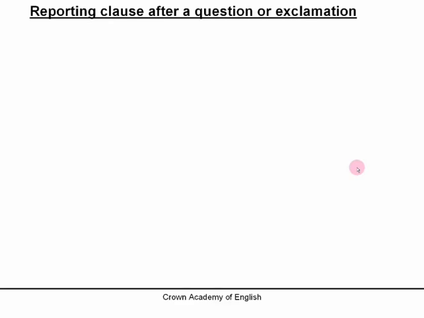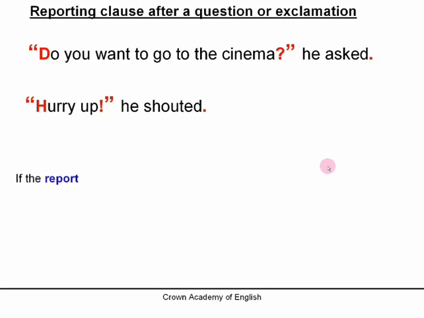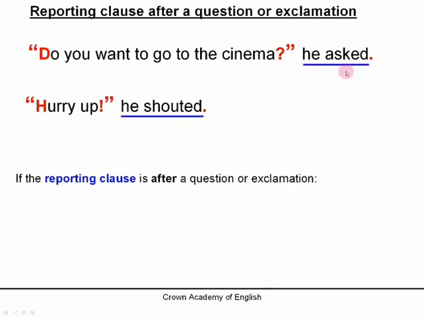Reporting clause after a question or exclamation. "Do you want to go to the cinema?" he asked. "Hurry up!" he shouted. If the reporting clause is after a question or exclamation, like it is here, the reporting clause "he asked" is after a question, and here the reporting clause is after the exclamation.